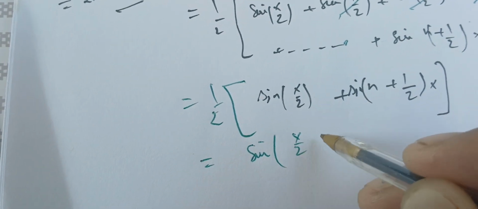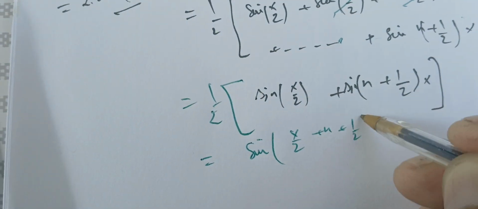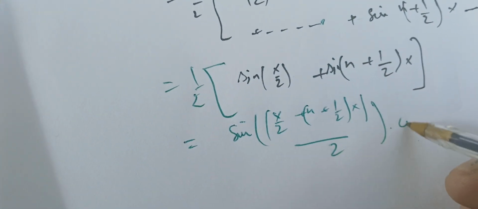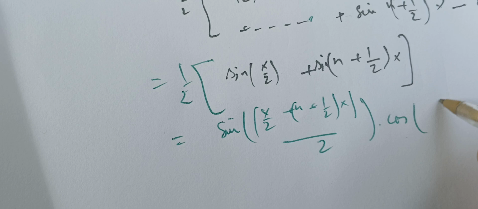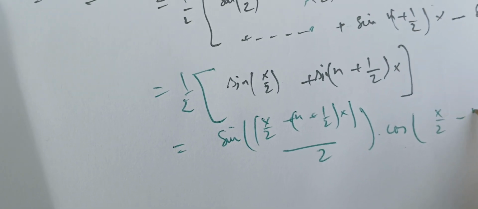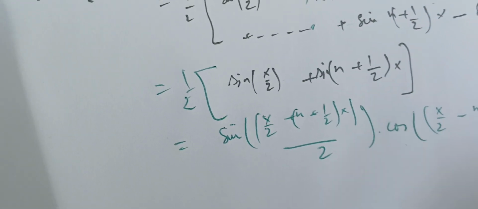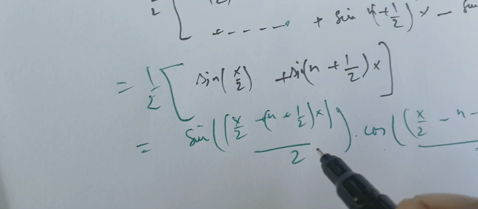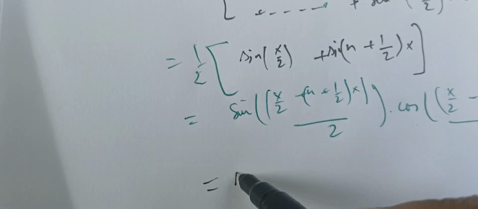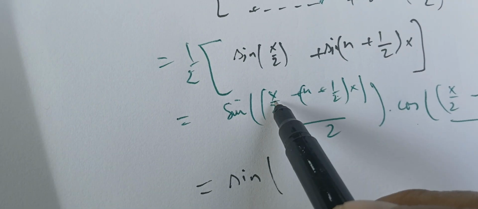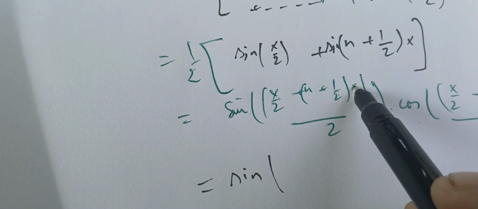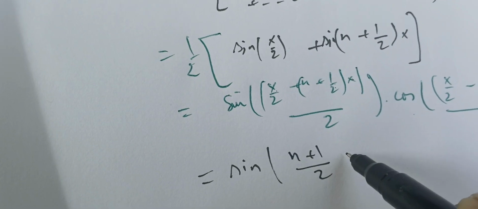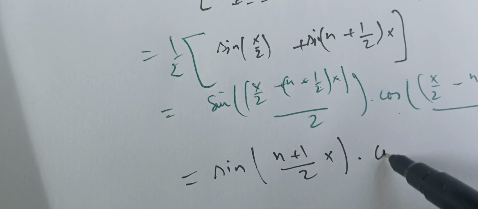That means x over 2 plus n plus 1/2 x, everything over 2, times the cosine of x over 2 minus n minus 1/2 x, over 2. Now I'm going to do some simplifications. Here, the 1/2 x over 2 will go with the x over 2 to give me 1. So I have n plus 1/2 times x times the cosine.